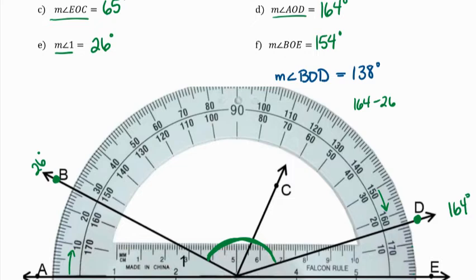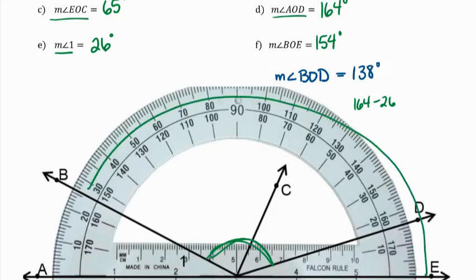Okay. Now, some people might choose to do this differently. I've had people before that instead go from E all the way around here and measure that. And let's see, if I did that, that's at 154.